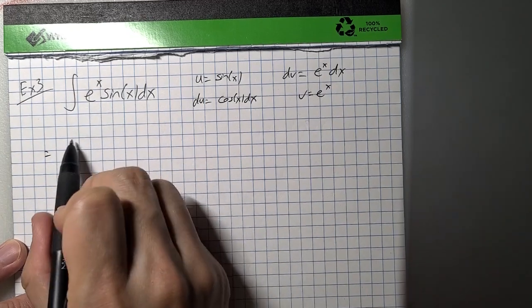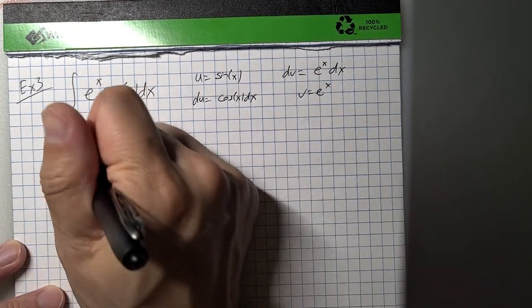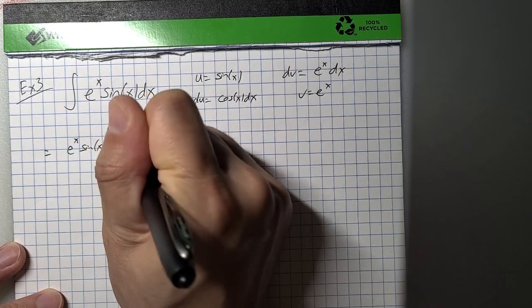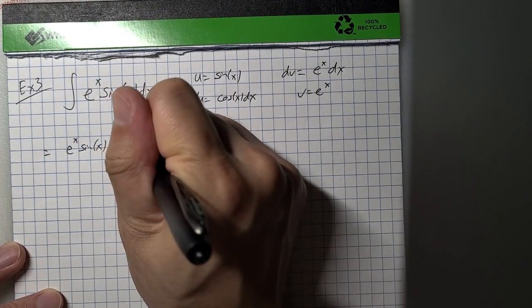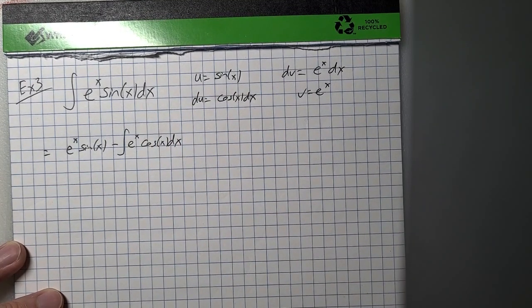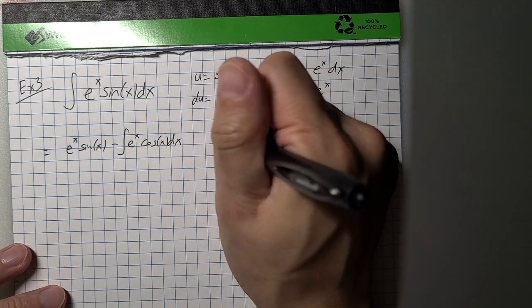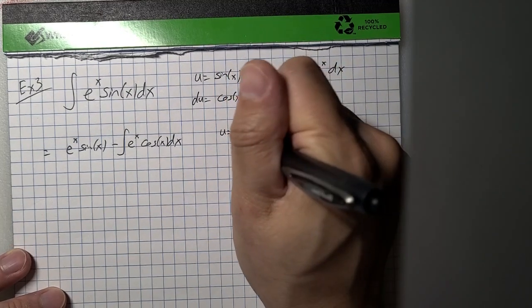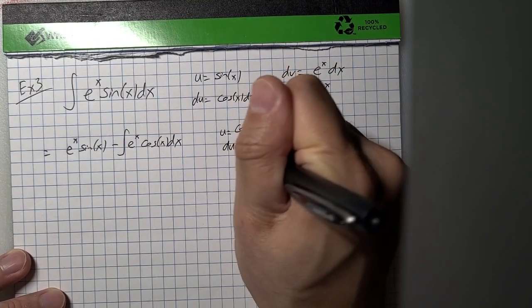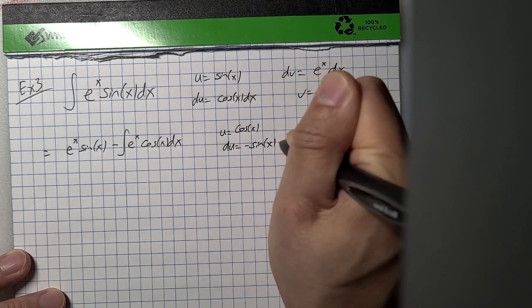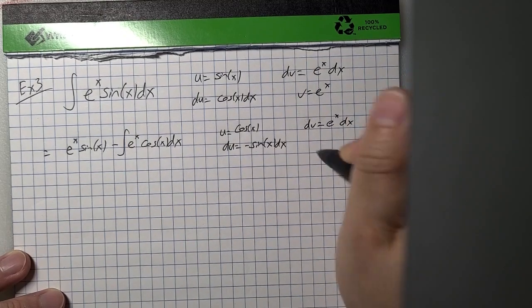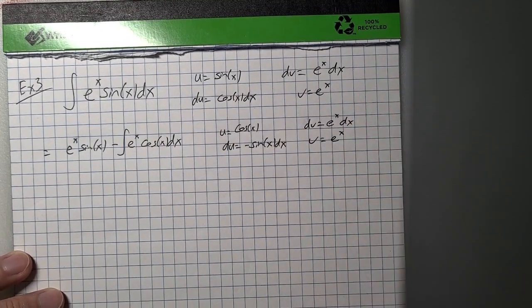So this integral is equal to uv minus integral of v du, e to the x sine of x minus the integral of e to the x cosine x dx. Doesn't seem like we got anywhere. So let's do integration by parts one more time. u would be cosine x, du would be minus sine x dx. dv is e to the x dx still, v is just e to the x still, okay?